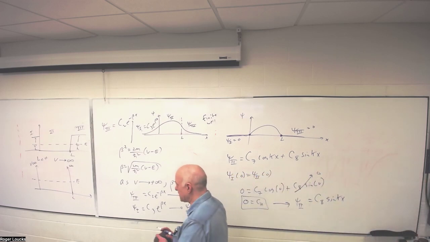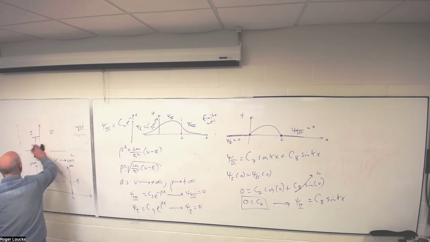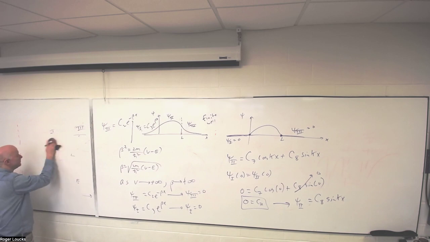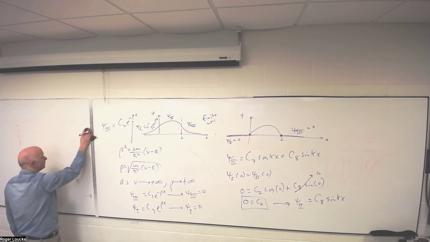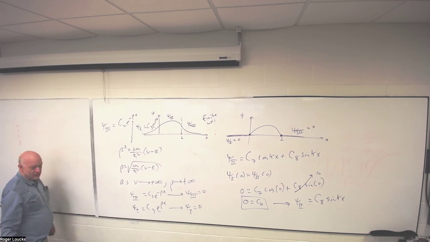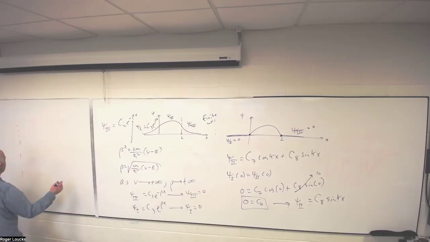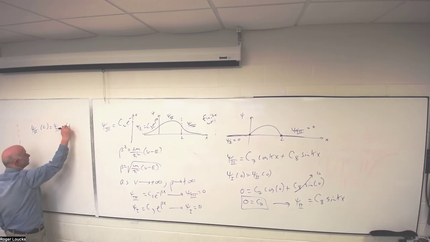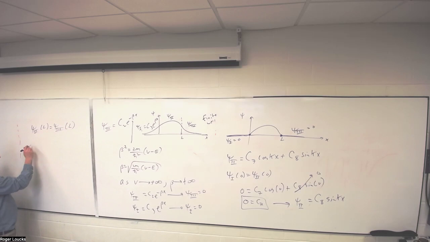Hang on, we have more going on here. Is there another condition that we know about psi 2? It also has to be equal to psi 3 at L. So psi 2 at L has to equal psi 3 at L. So this has to be C8 sine kL equals 0.